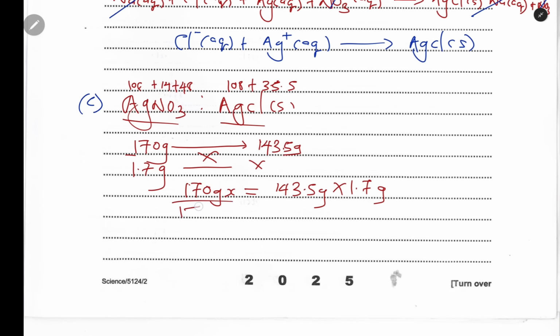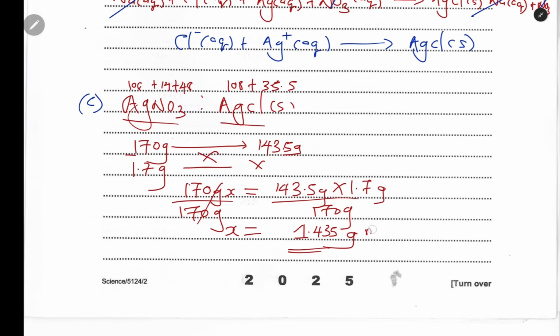So this divide 170 gram. This x is equal to 143 multiplied by 1.7, then divide 170. Should be able to give us 1.435 gram. Confirm if that is what you're finding.